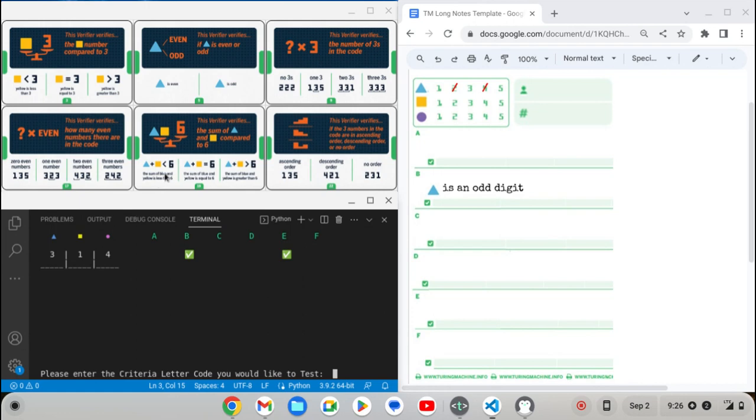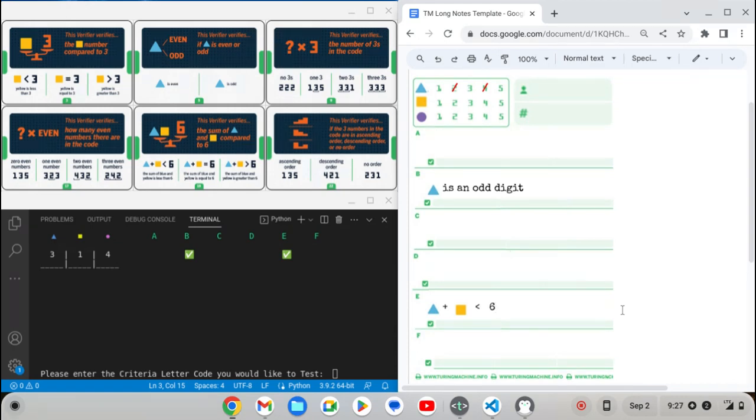So let's go ahead and type that up in our notes in section E, and that is that triangle plus square should be less than 6.